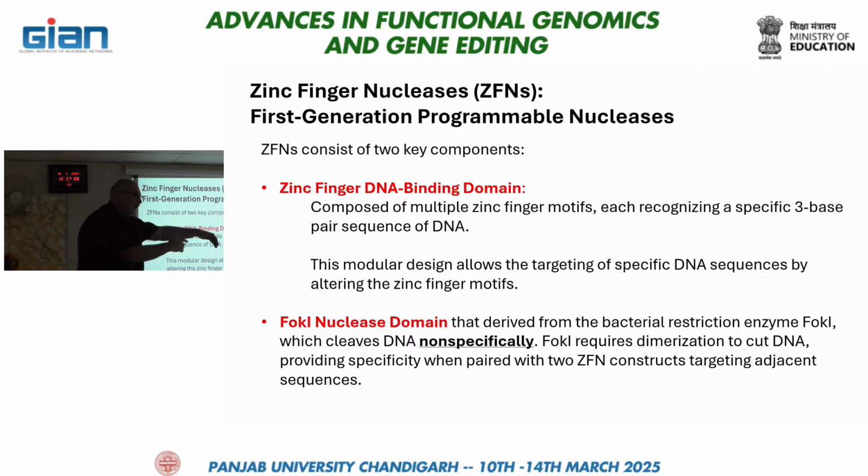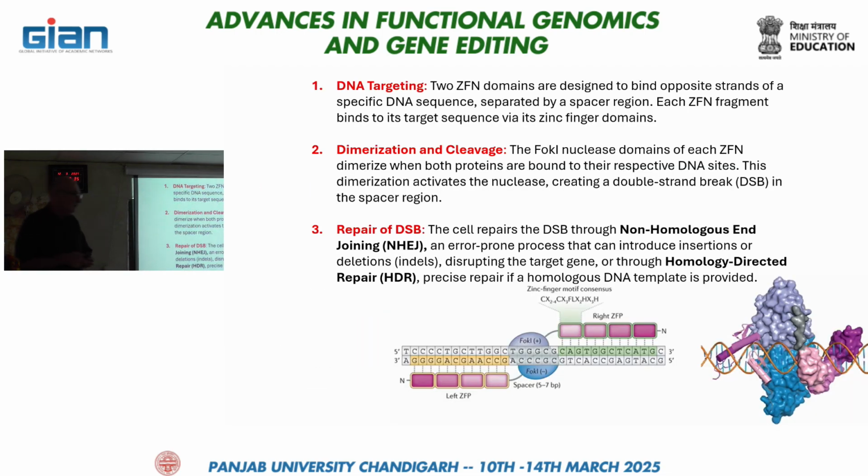They divided this FokI nuclease into two parts, removed the recognition part, and used just the part for cutting. Then they put together the zinc finger binding domain, designed specifically for the sequence, with the FokI nuclease domain. So finally they obtained a fantastic thing.